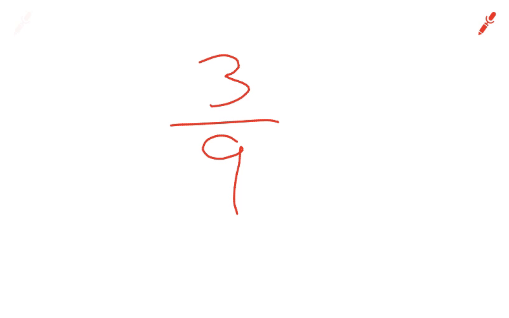Next one, 12 and 14. Yep, 2 goes into both of those, so we're not going to circle that. 3 and 9. 3 goes into both of those, so we're not going to circle that. 5 and 12. Wait, let me think. 1 goes into both. That doesn't do anything. 2 goes into 12, but 2 doesn't go into 5.